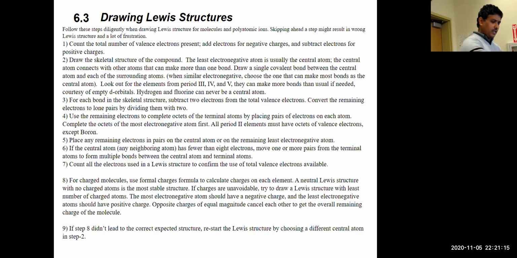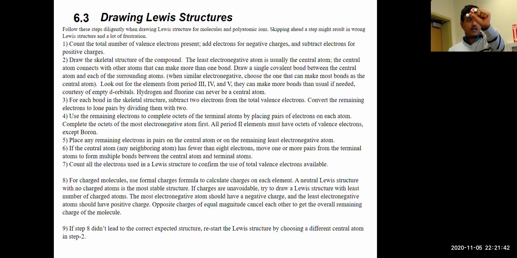What we are doing here is trying to come up with chemical structures like you're seeing here. Here is a carbon connected to 4 hydrogens. We are going to talk today about how to draw these kinds of structures by yourself, or maybe this structure, carbon double bonded with hydrogens on both sides. How do you come up with that structure?